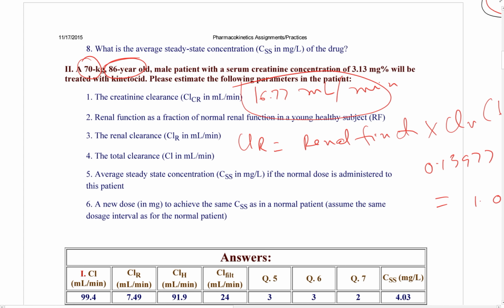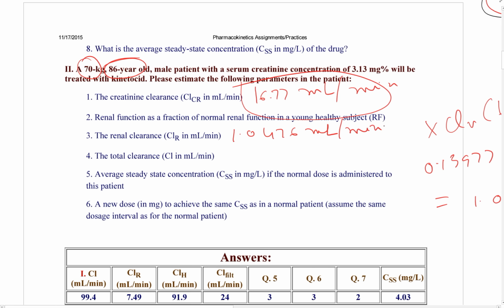And clearance in this patient is going to be 1.0466 milliliter per minute.